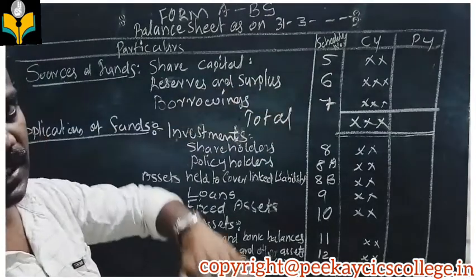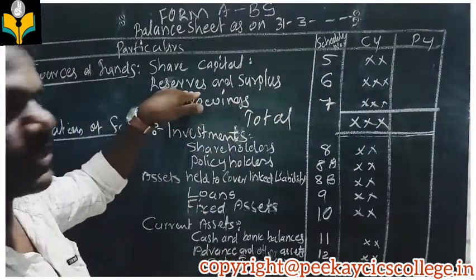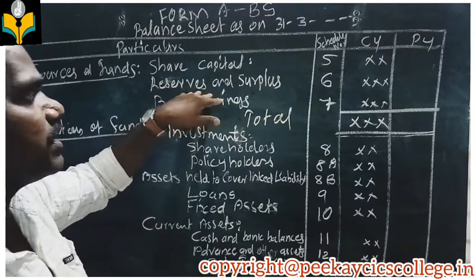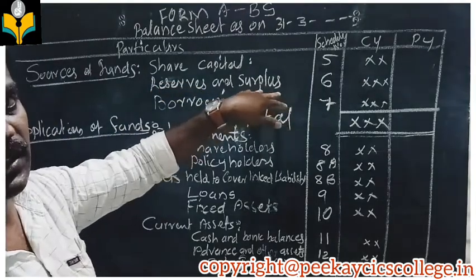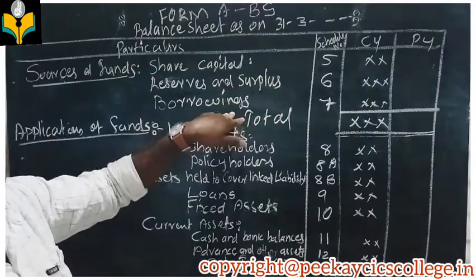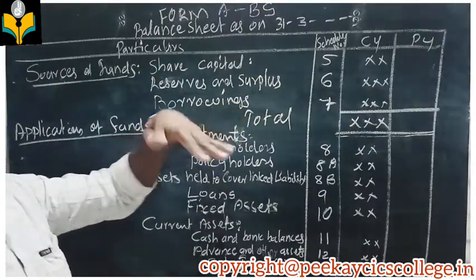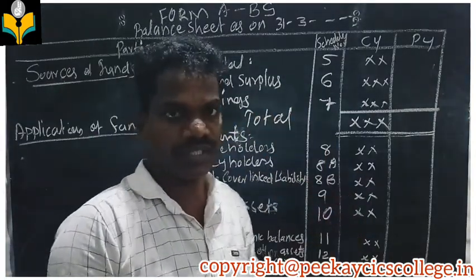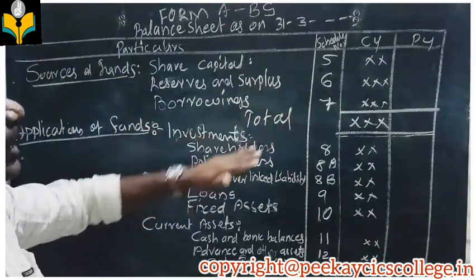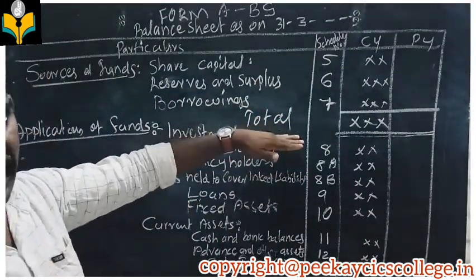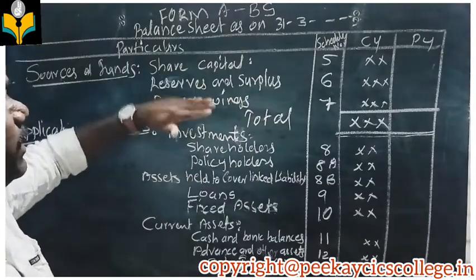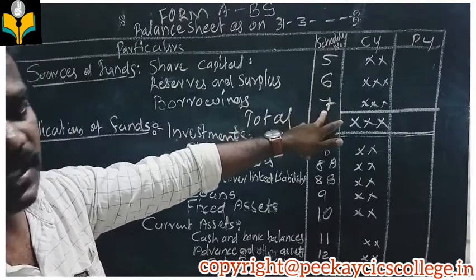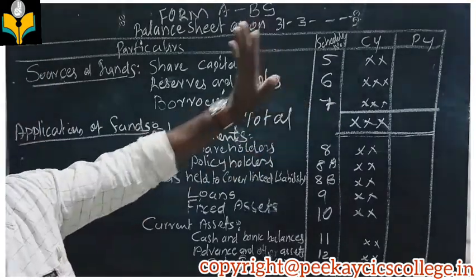Then reserves and surplus, that means all reserves: capital reserve, security premium, capital redemption reserve, then surplus during the year, etc. Then borrowings from any other institute or government authority or any financial institutions, schedule number 7. The total of the liability side is share capital, reserves and surplus and borrowings, 5, 6 and 7. This is the liability side of the balance sheet.